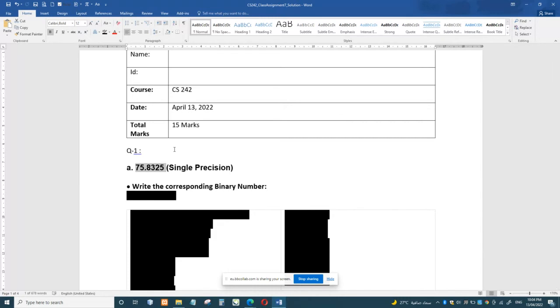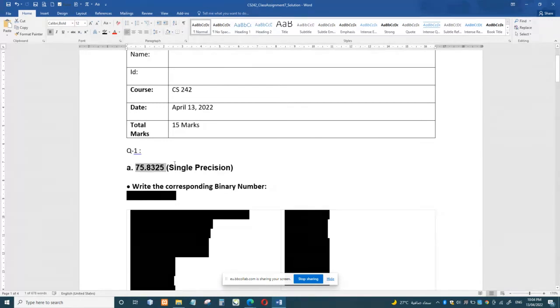Now this fractional number we need to represent using the IEEE 754 single precision floating point format. As you know, single precision as per IEEE 754 needs a total of 32 bits, while double precision uses 64 bits. Since this number needs single precision, we'll use 32 bits.